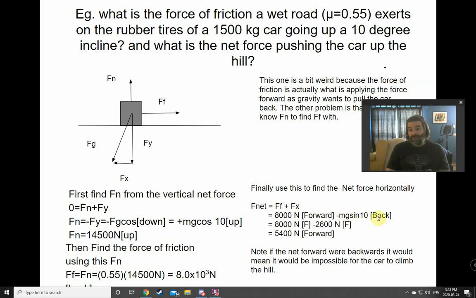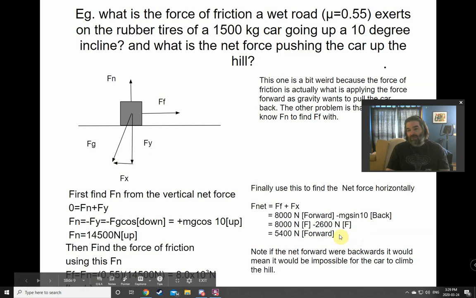The hill is trying to pull you backwards. So, as I said, the trick with this is trying to keep track of which direction your arrows are in. So once you've picked a direction for forward, make that your forward direction. So 8,000 newtons forward minus 2,600 newtons, make this backwards. So your car is going up at 5,400 newtons forward.